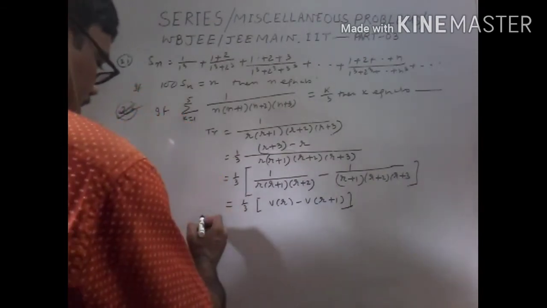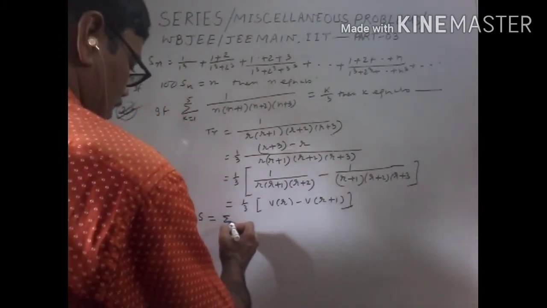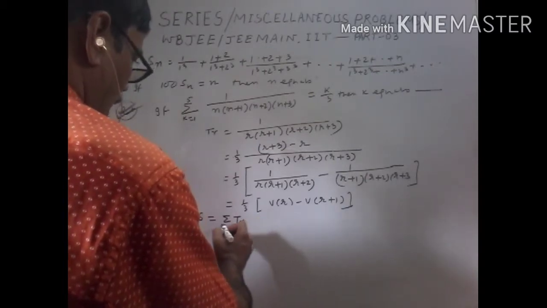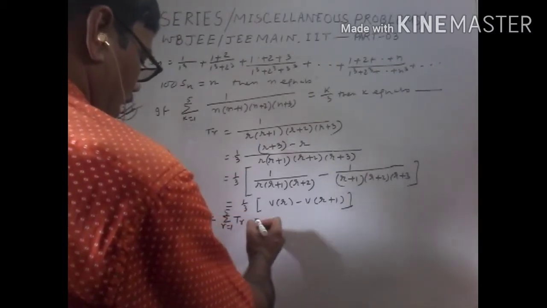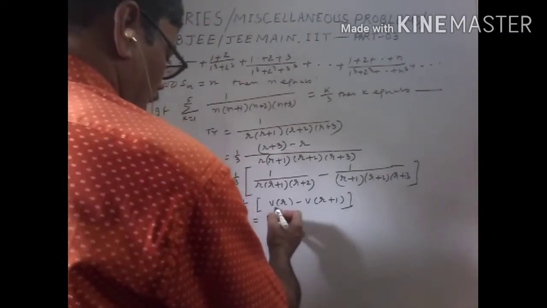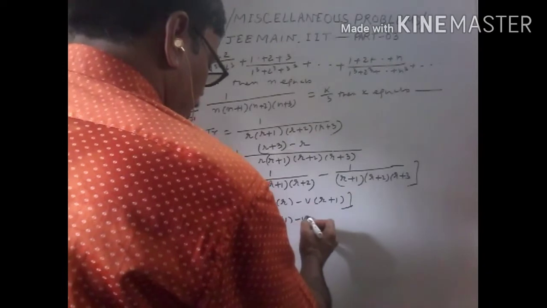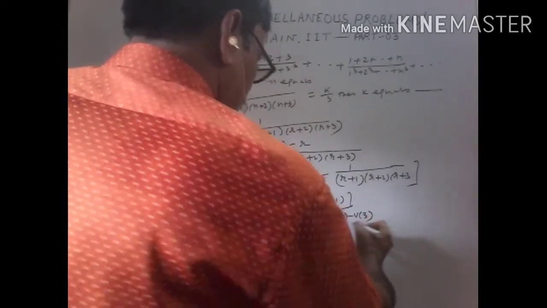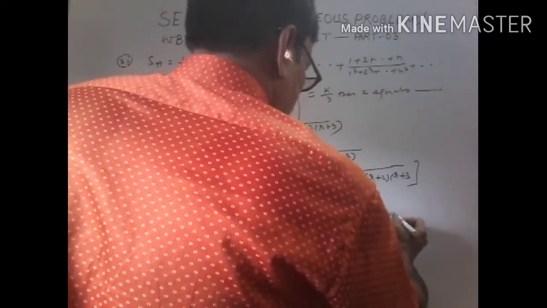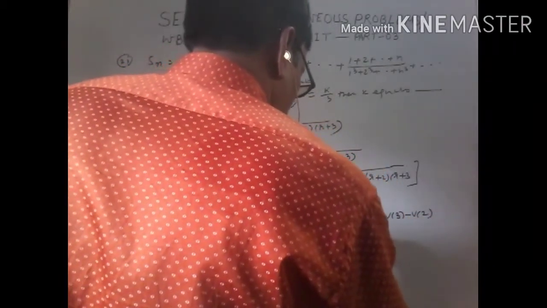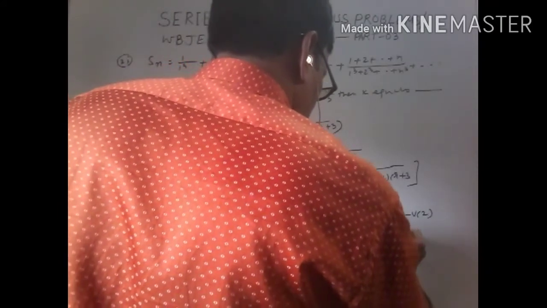Now what is S? S is the summation of TR, R equals 1 to 5. So what are we getting? T1 is V1 minus V2. T2 is V2 minus V3. T3 is V3 minus V4. T4 is V4 minus V5.